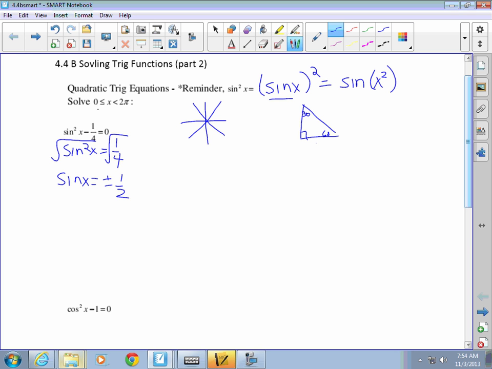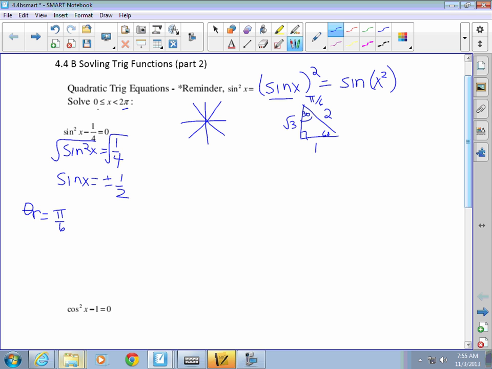The side opposite the 30 degrees is 1, opposite the 60 is square root 3, and this is 2. So to use sine, opposite over hypotenuse, I'm looking at my 30 degree. And because this is in pi, I know that this has to be in radians, so pi over 6. So my reference angle is equal to pi over 6.